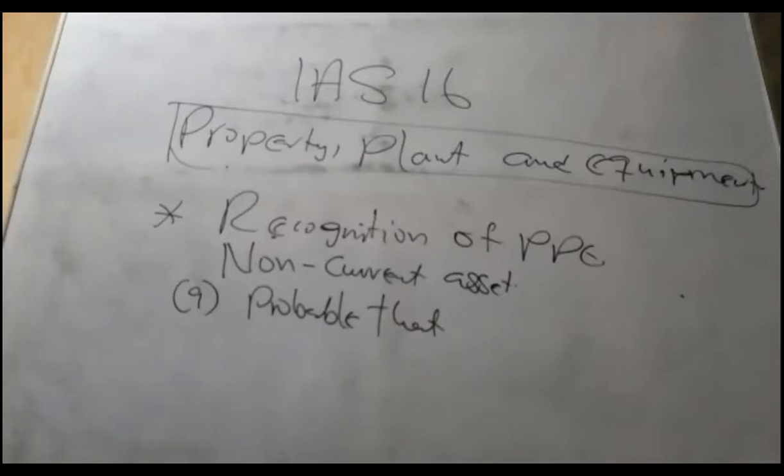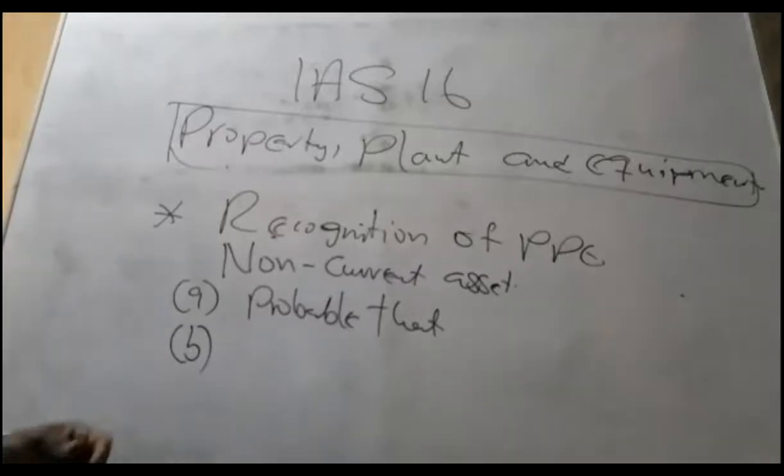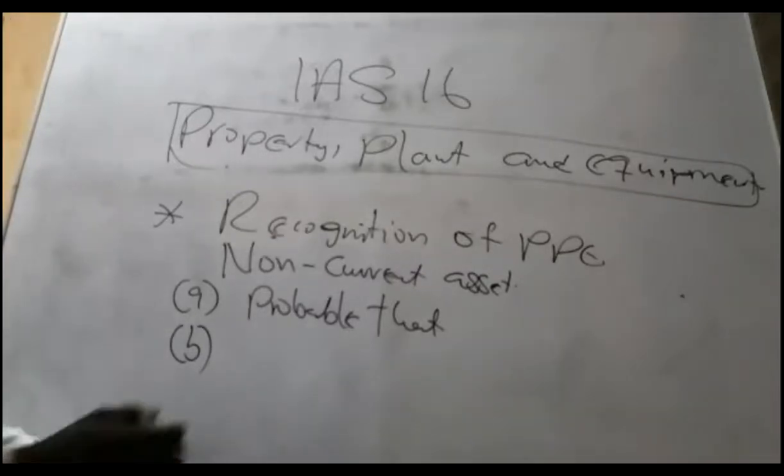In fact, in exams, if you quote this condition anywhere without the word probable, the examiner has every right to mark you down. Because in accounting, we don't joke with three words: probable, possible, certain. So, always very important. The second condition: the cost involved can be measured reliably.